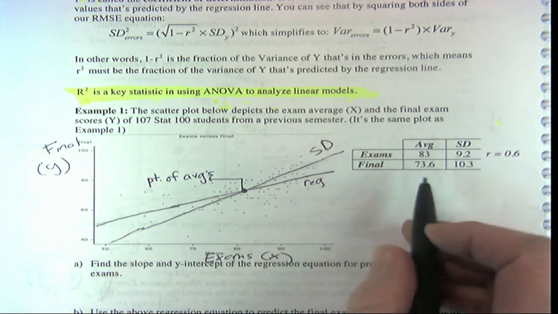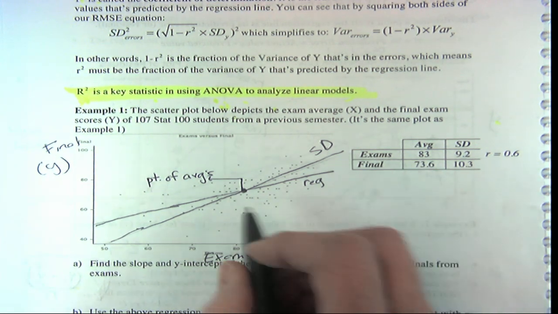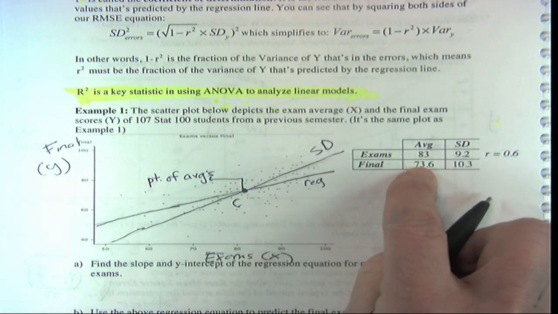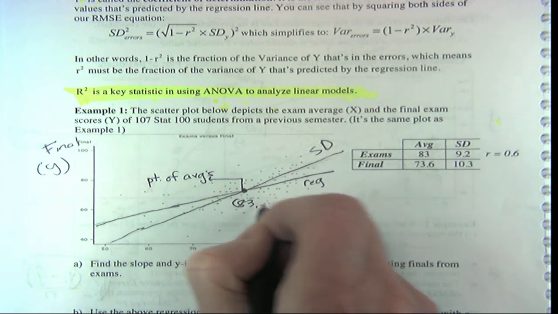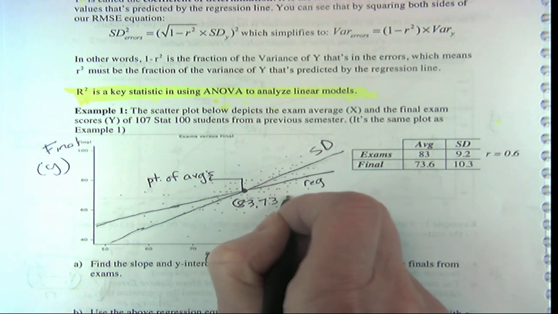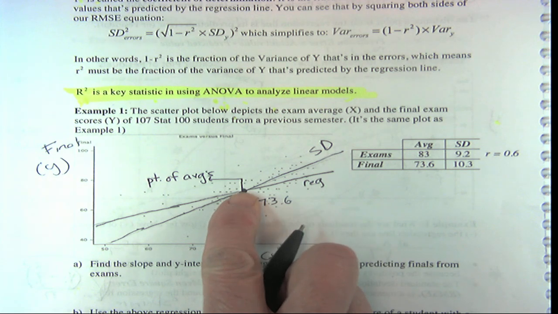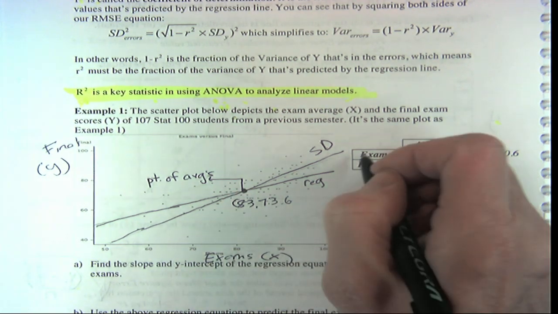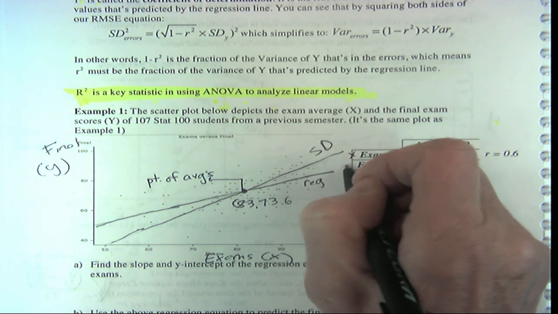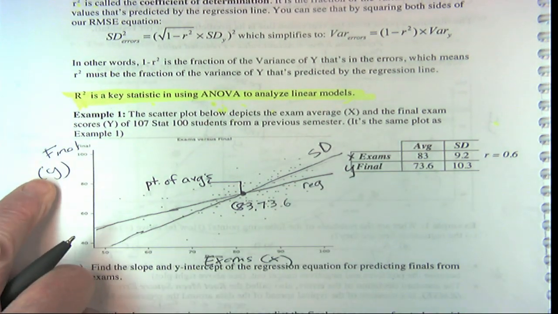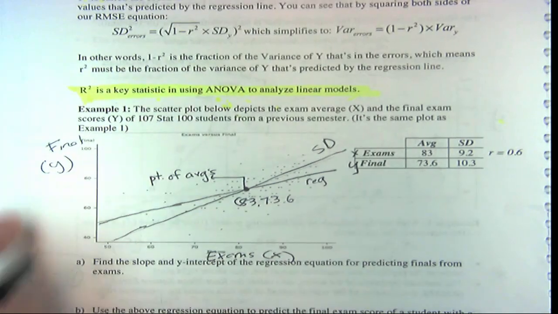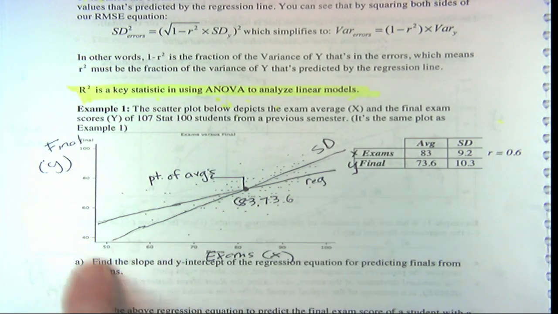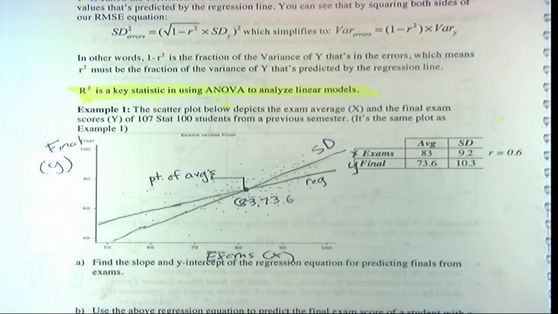It's 83, 73.6. That's where the two lines cross when z equals 0. All right, so this is x, and this is y. Y is always what you're predicting. That's why I put finals. It makes more sense, since exams come first, to use them to predict the final.